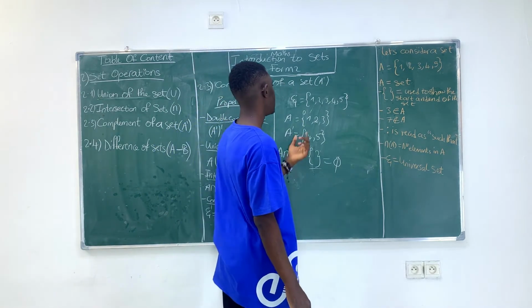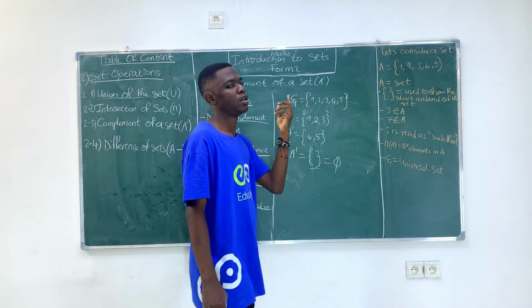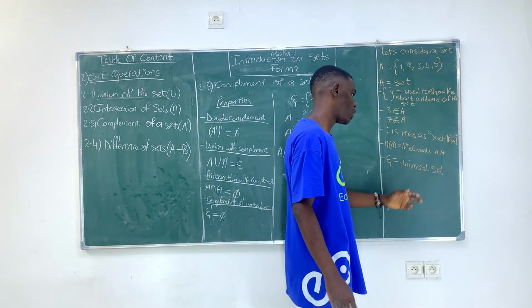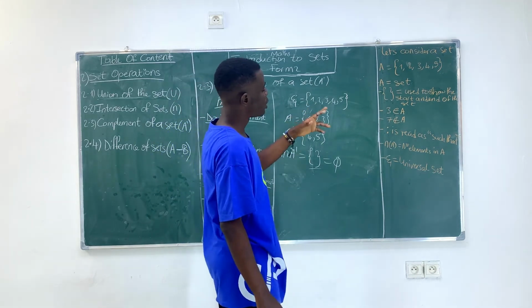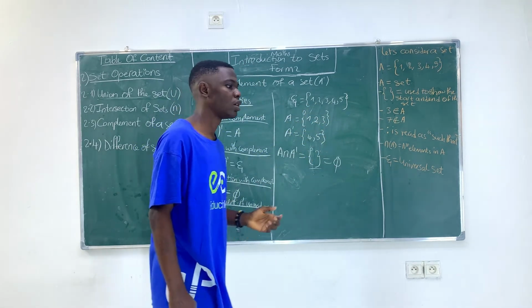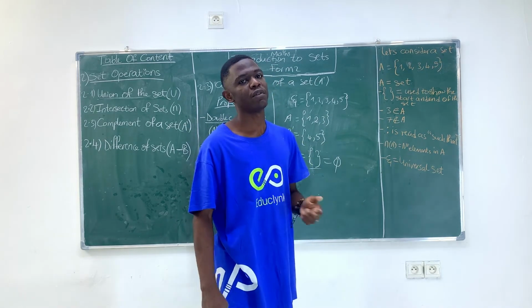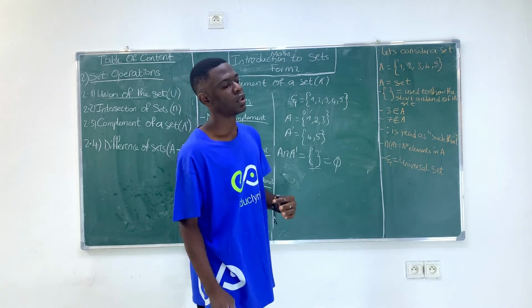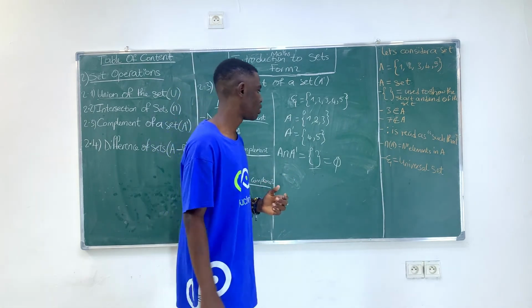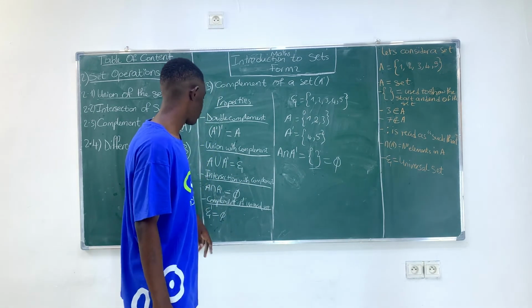And that is true. Let's imagine this is zeta, a universal set. The complement of this universal set is nothing, because if you have everything, the complement of everything is nothing. This universal set contains everything needed. The complement of it is nothing. So that is what the law is talking about.